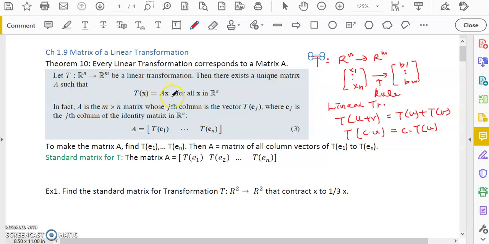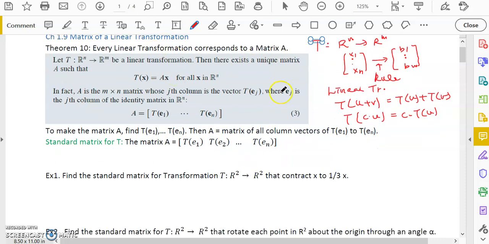That means no matter what you do, eventually there is a matrix A that helps you produce the output. This is very important. You can switch things around and add things together, so long as you obey these two properties. It can be done through a matrix A, and we call this a standard matrix.